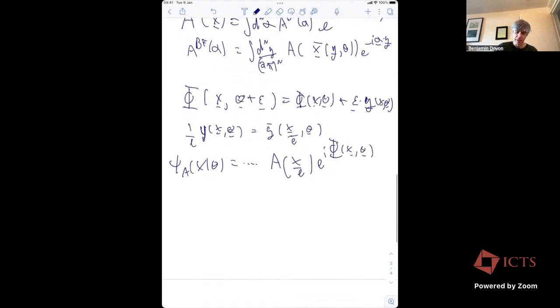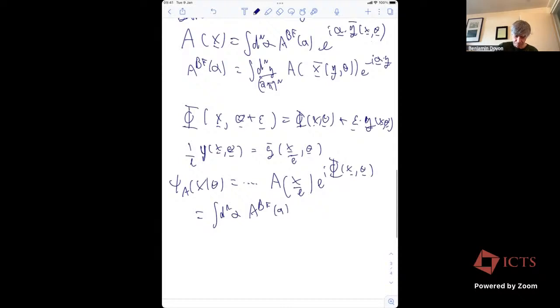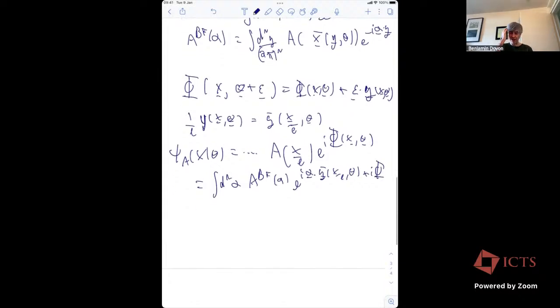And this I write as an integration in alpha of this A Bethe Fourier, and then I have e to the I alpha dot y bar of x over L, theta plus I capital phi.